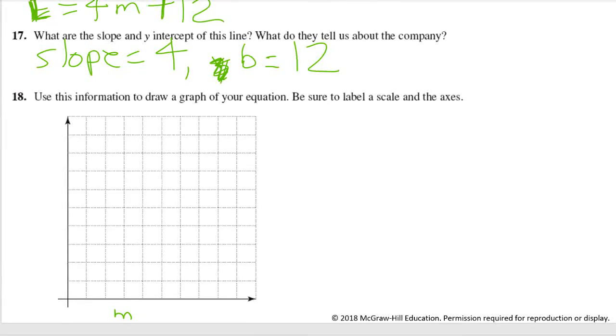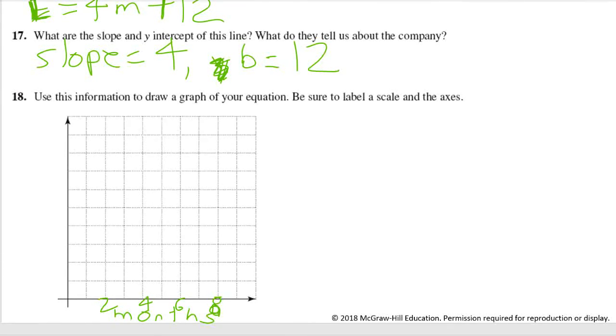So first of all, months. 1 line is 1 month, 2 lines is 2 months, 3 months, 4 months, 5 months, 6 months, 7 months, 8 months, and then the last one is 10 months. But it gets kind of awkward to put that at the end. You don't have that nice square corner, so I usually leave that one off.